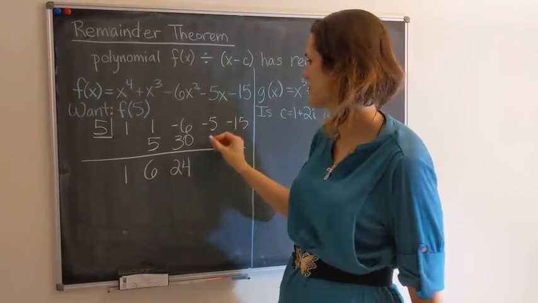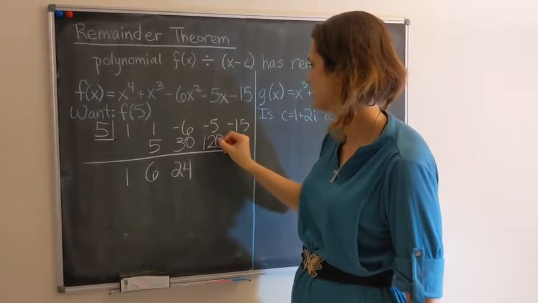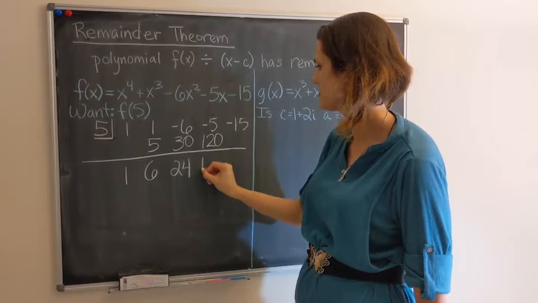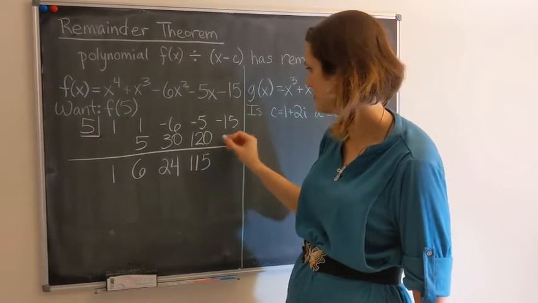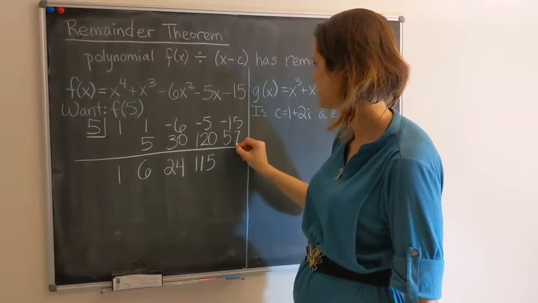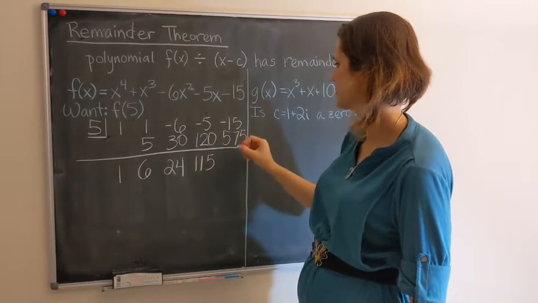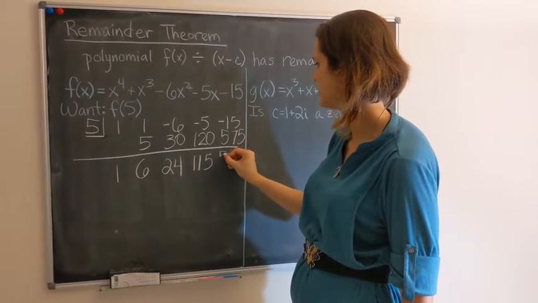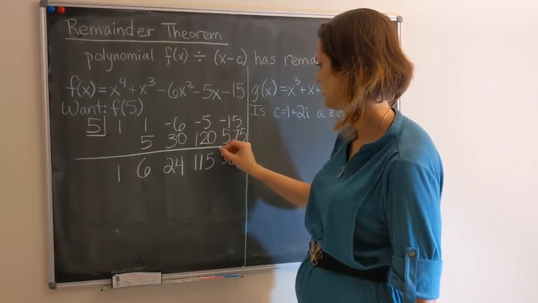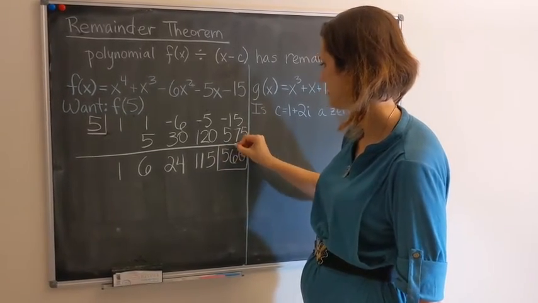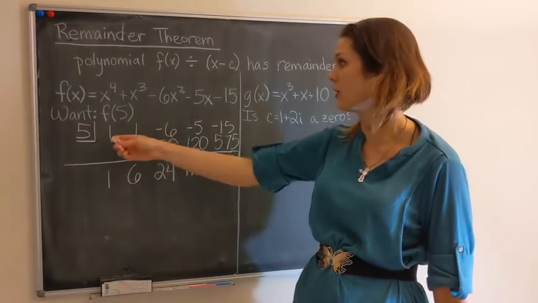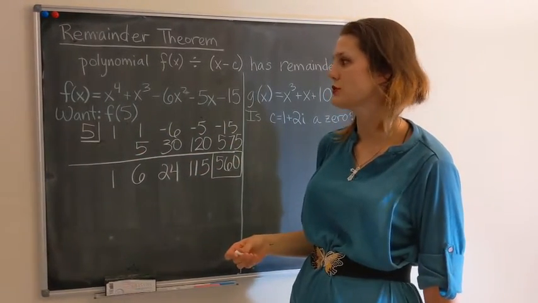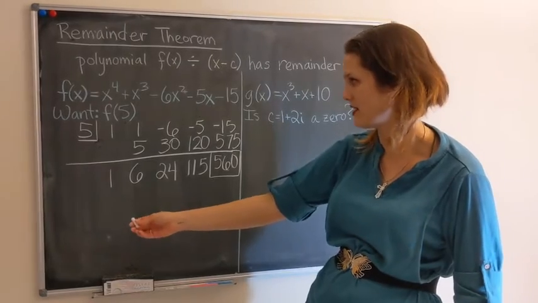24 times 5 is 120. 120 plus negative 5 is 115. 5 times 115 is 575. And 575 plus negative 15 is 560. So here's our remainder after dividing our full degree 4 polynomial by x minus 5.